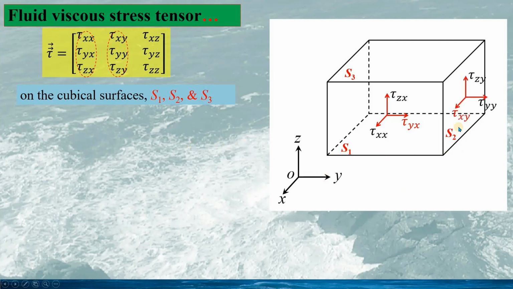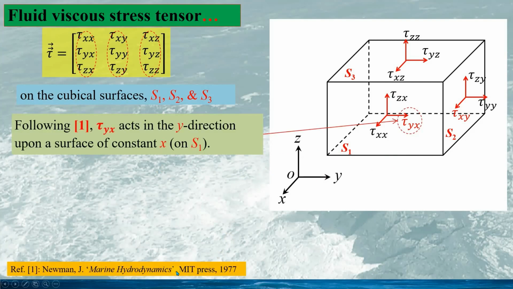Similarly, on S2, we have 3 components, tau xy, tau yy, tau zy, along the 3 axes. And on S3, 3 components, tau xz, tau yz, and tau zz. This type of drawing we can see in most of the textbooks.